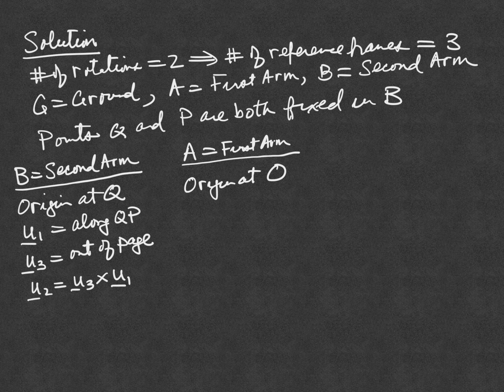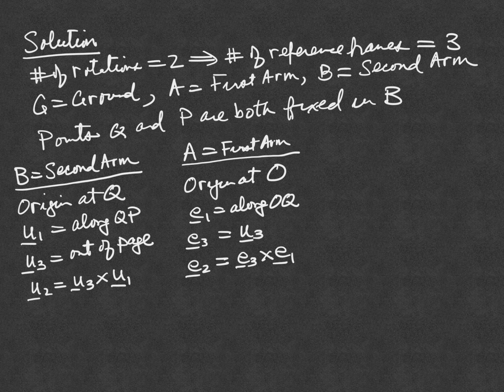So we have to measure from another point that's fixed in the first arm. The only other point we have is O. And then E1 is going to be along OQ, and E3 will be the same thing as U3, and E2 will equal E3 crossed with E1.